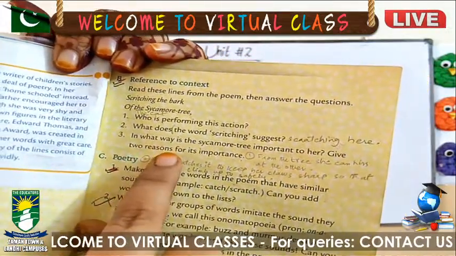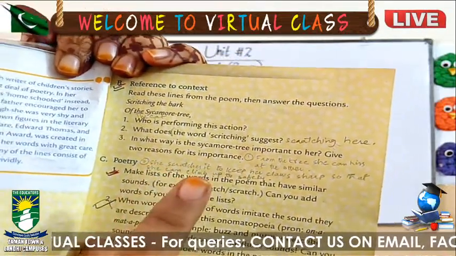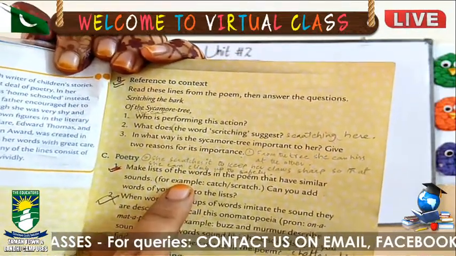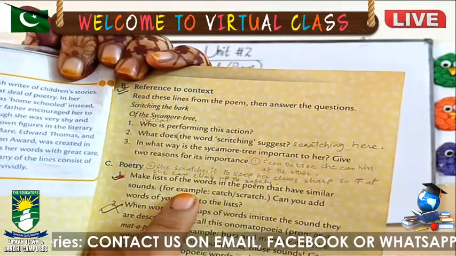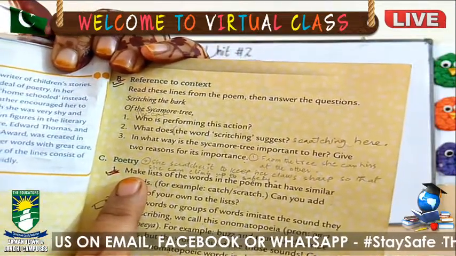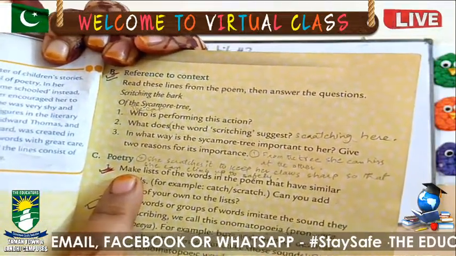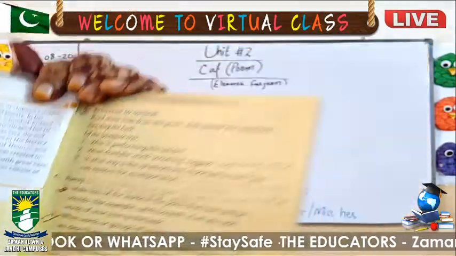Give 2 reasons for the importance. The first is what? From the tree she can hiss at others. Who are the others? Dog. The second reason is what? She scratches it to keep her claws sharp so that she can climb up to safety.